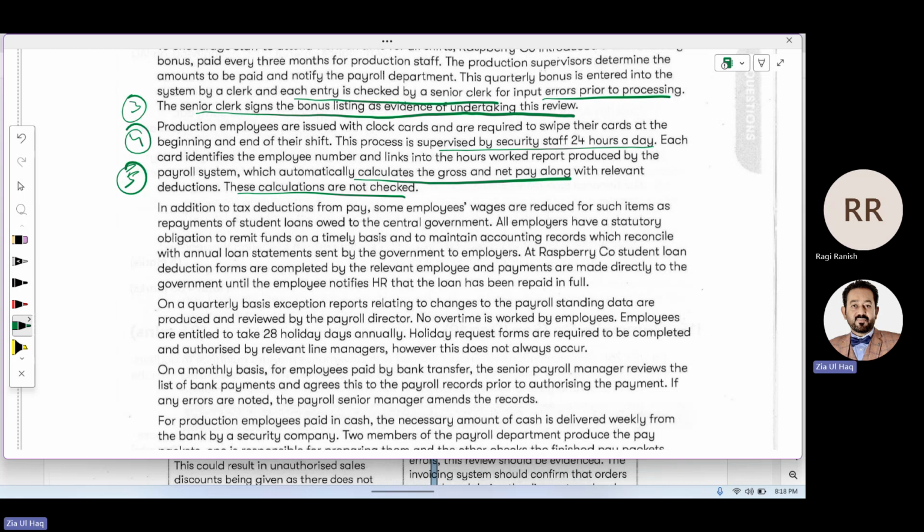At Raspberry Company, student loan deduction forms are completed by the relevant employees and payments are made directly to the government until the employee notifies HR that the loan has been repaid in full. So this is another good control: each employee completes an employee loan form by himself, giving authorization for deduction from the wages.